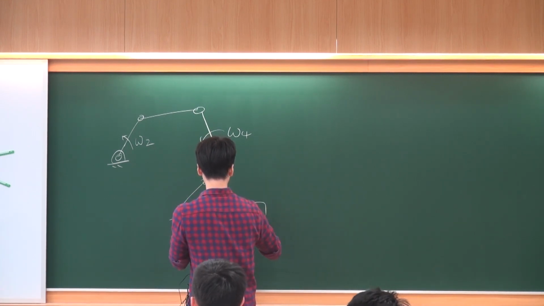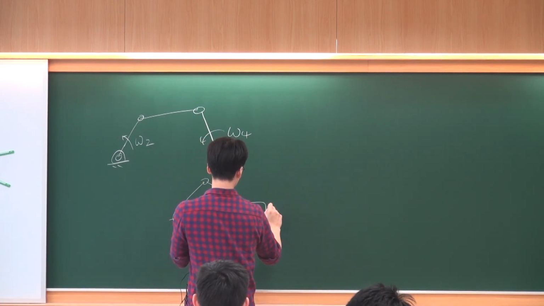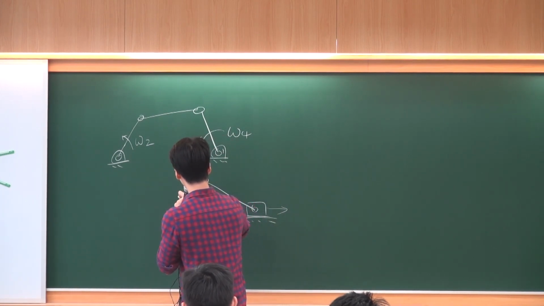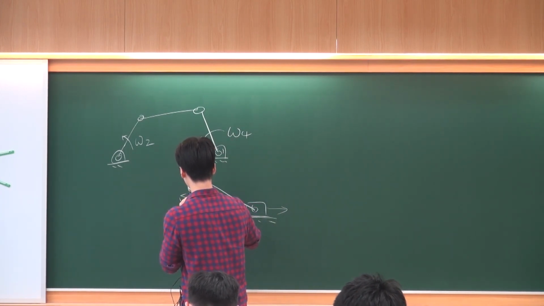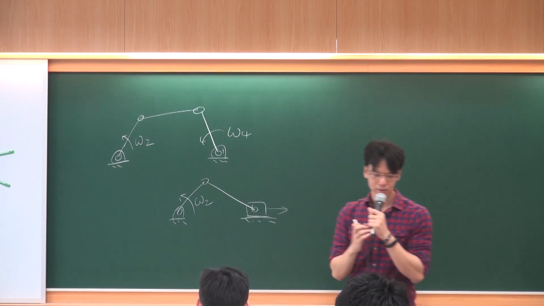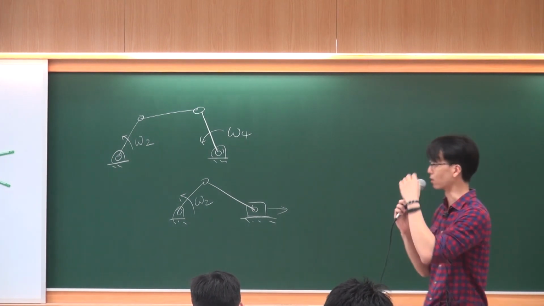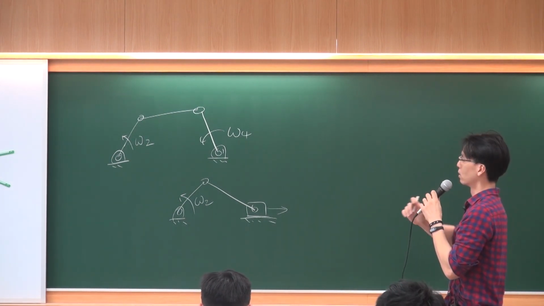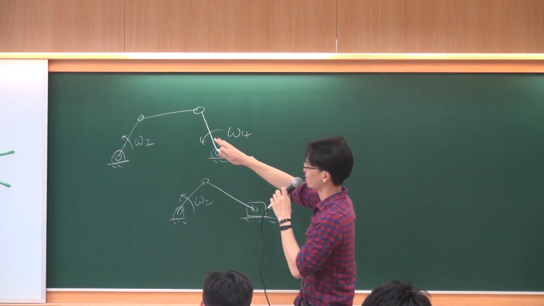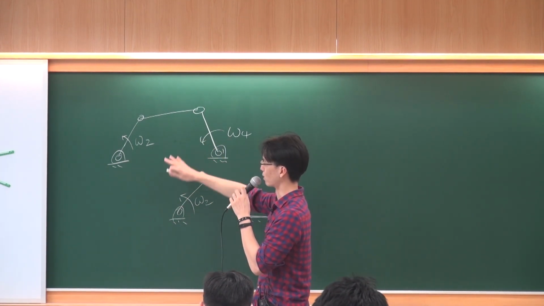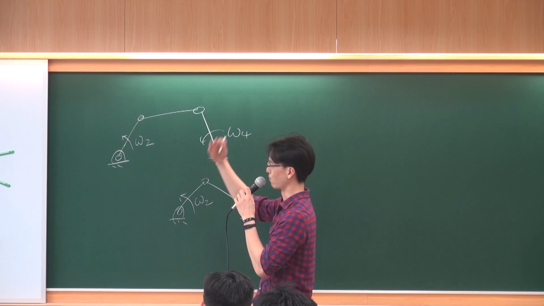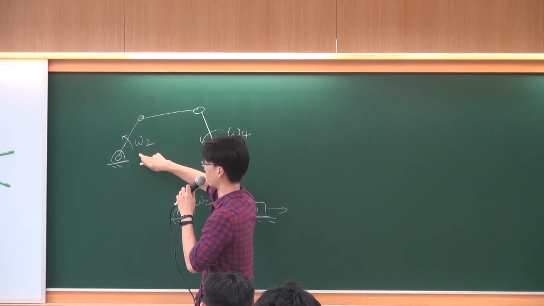I use these two examples to show that if you would like to analyze the force, there's actually something we can do in a very simple way. Usually, when we take this one as example, we sometimes use it to convert the motion.